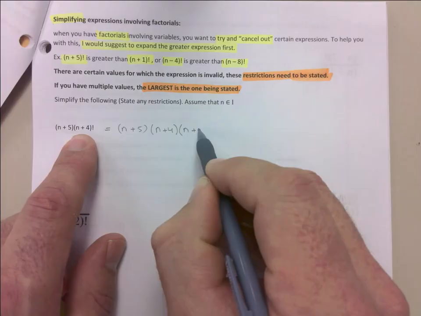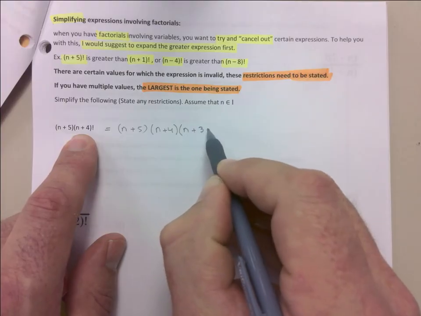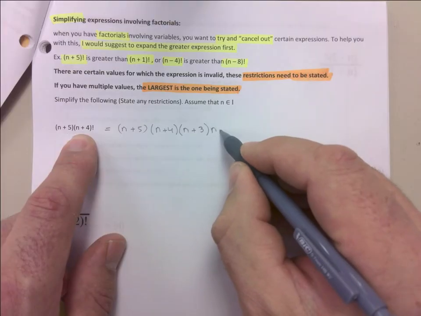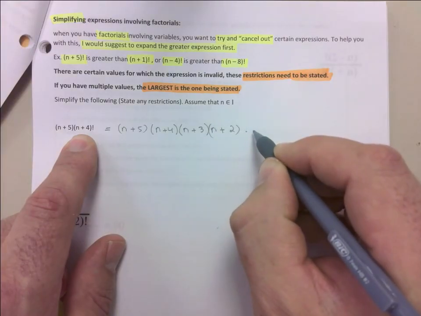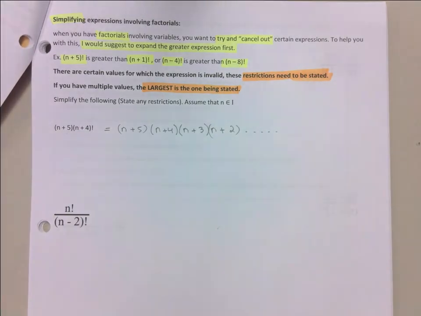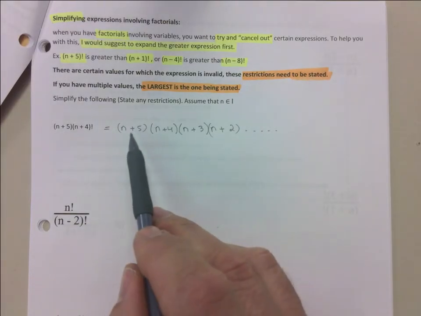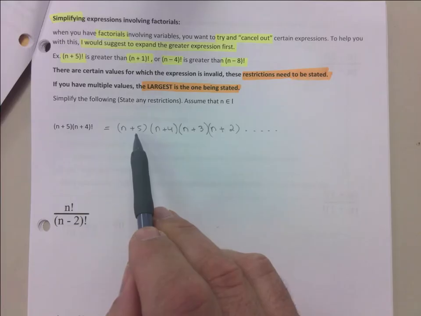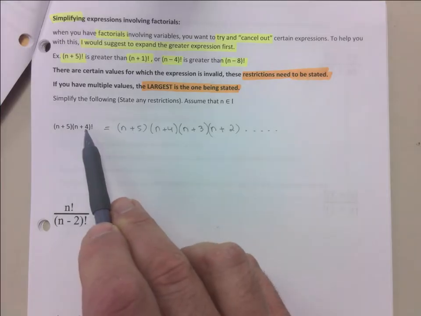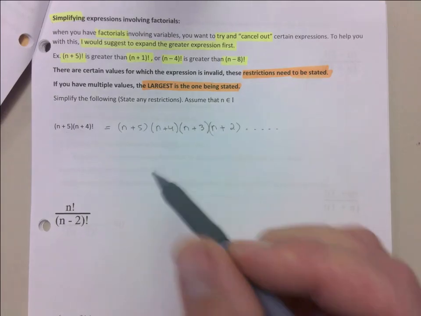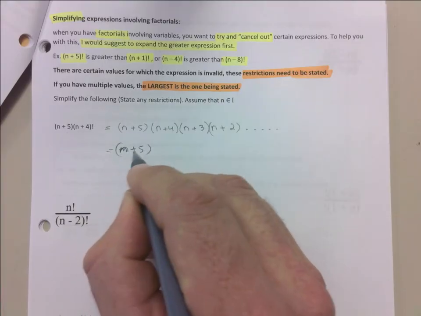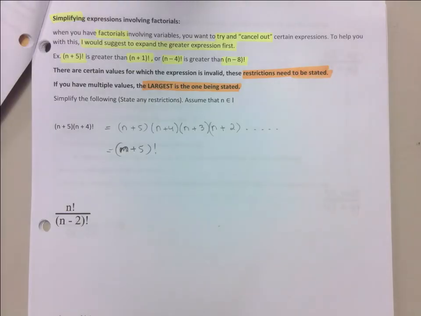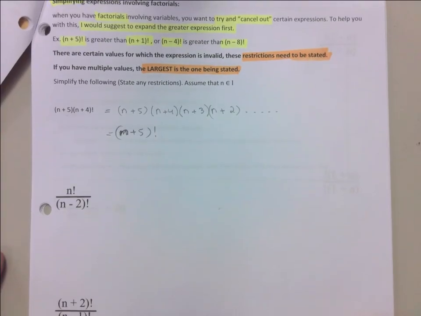It would be n plus 3, and then n plus 2, and that just keeps going. So what does this really look like if you zoom out? Isn't this really n plus 5 factorial then? If you think about it, n plus 5, n plus 4. That's the only trick here. I wouldn't necessarily worry about this one too much, but I would like you to see the pattern there.